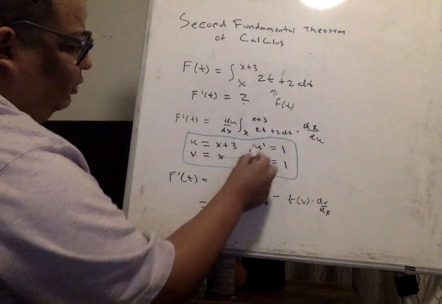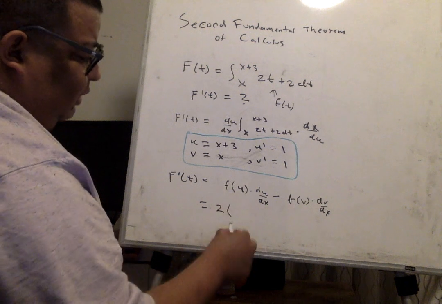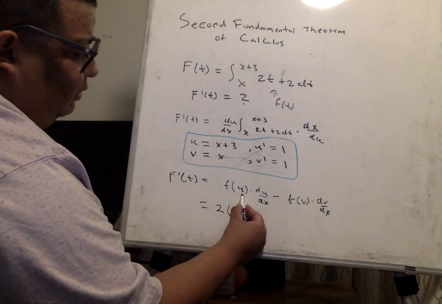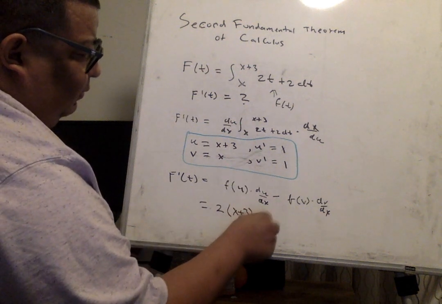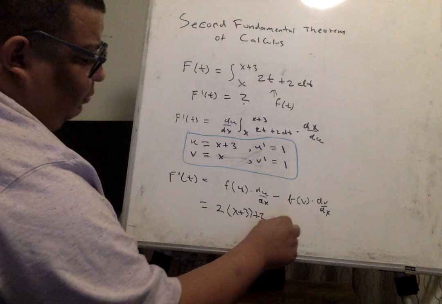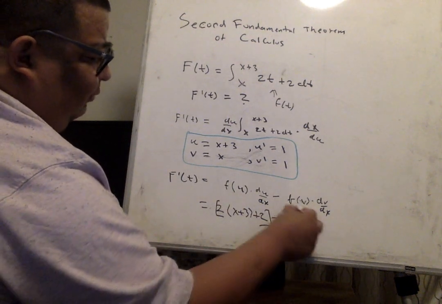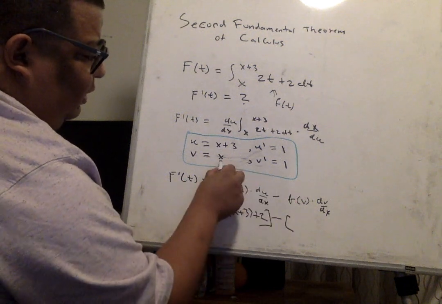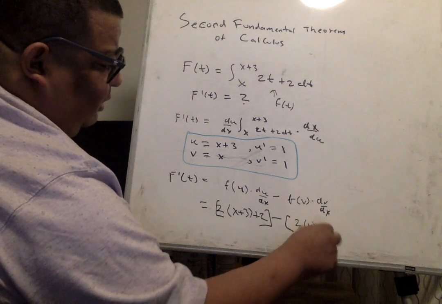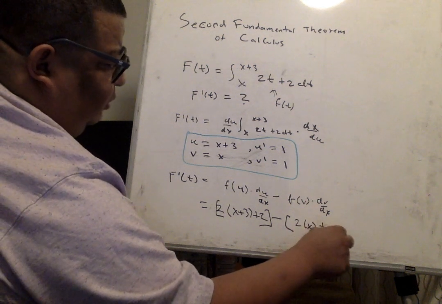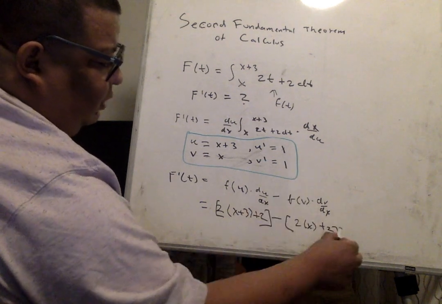We plug in: f is 2 times the inside variable, u, which is x plus 3, and then plus 2, minus f of b, where b is x, so 2 times x plus 2, times the derivative of b, which is just 1, so we just multiply by 1.